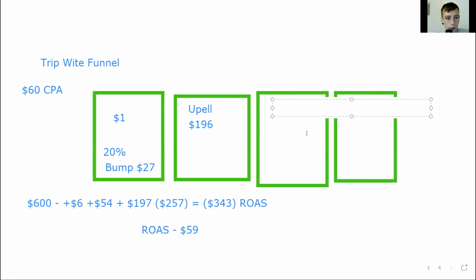We're going to increase our profits here. So we're going to have an additional upsell here, an additional upsell here. Okay, so we're still spending the same $600 to acquire 10 $1 sales.